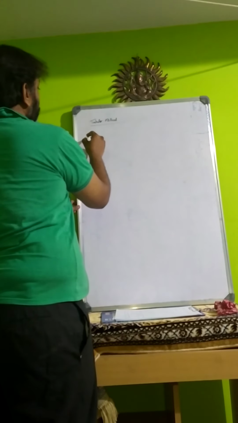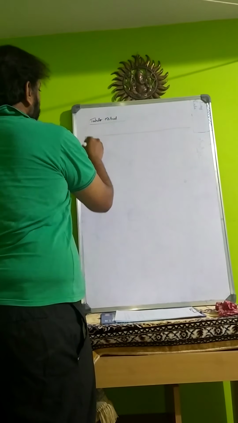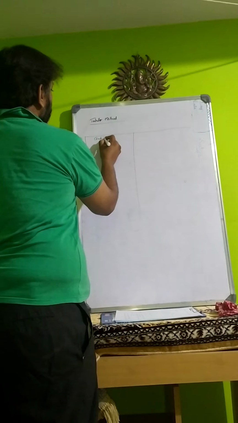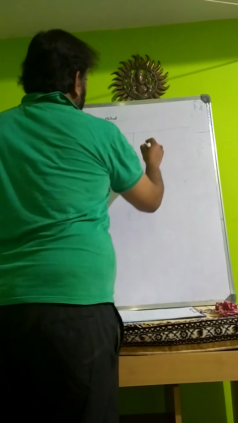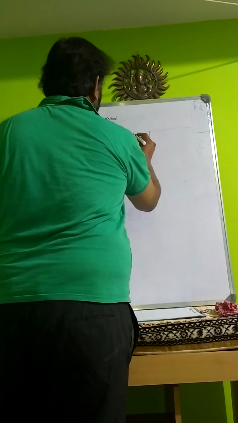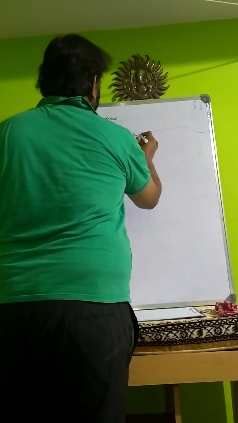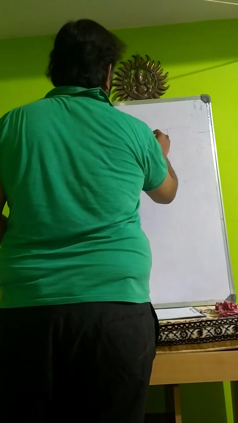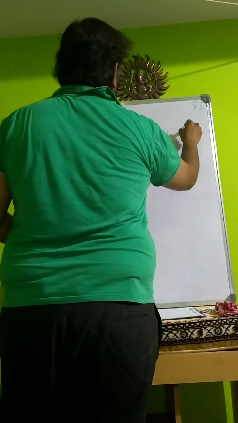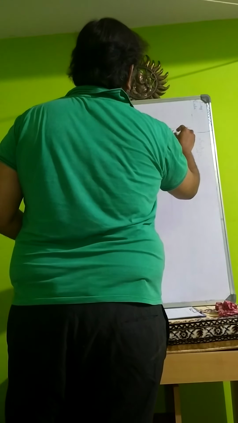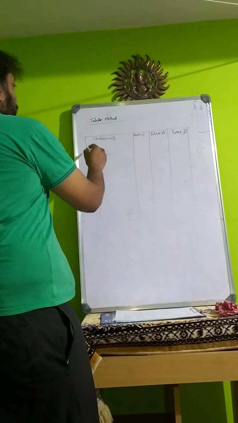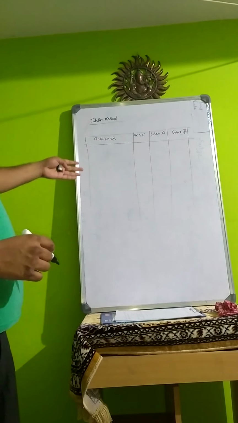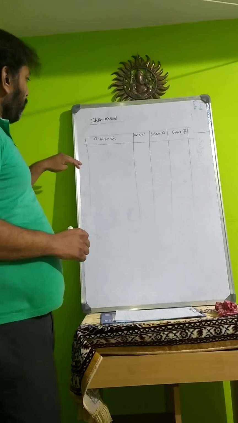In the tabular method we need a table. The first column is for conditions, the second column is for arm C, the third column is for gear A, and lastly the fourth column is for gear B.